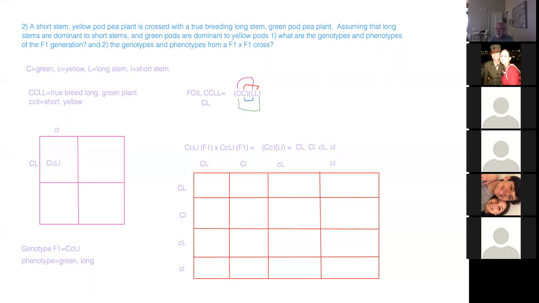Big C. Remember, we're making a diploid individual, so it has to have 2 alleles for each trait. Big C and big C. And how about for the next trait, the stem length? Big L and big L. Fantastic.